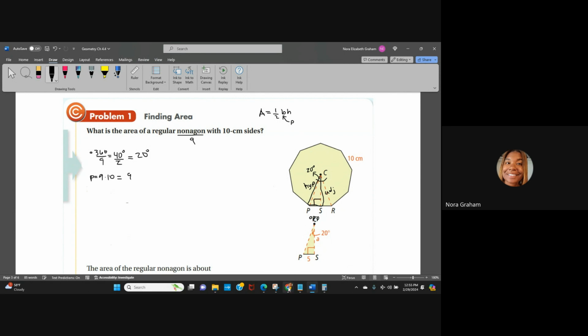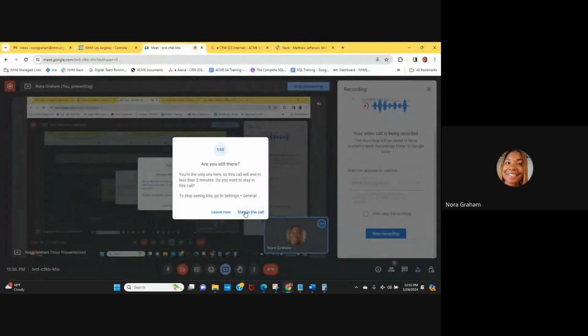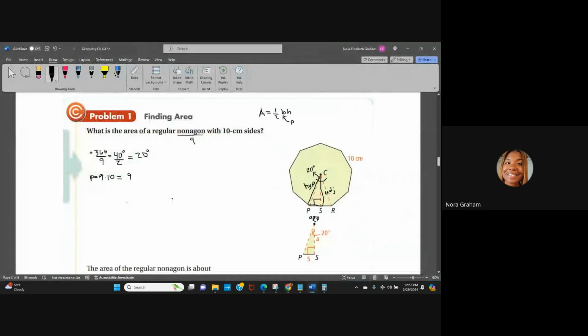Oops. Hold on just a second. All right, so we'll be able to use this and this formula after. So with finding our base, it's just going to be our perimeter. Our perimeter is when we add up all of our sides of our polygon, all right?